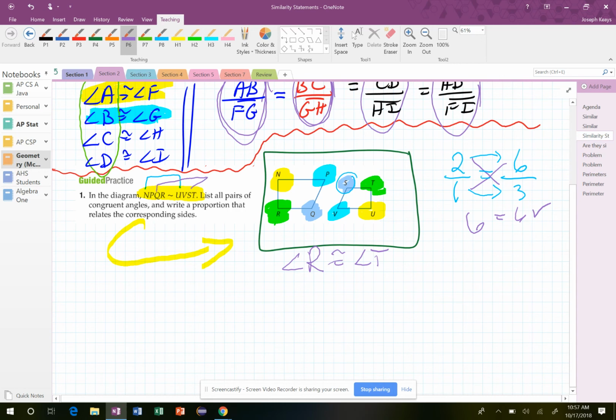But what about all the sides? You can look at the diagram if you want, but I think looking at the similarity statement is much easier. I would write NP over UV.